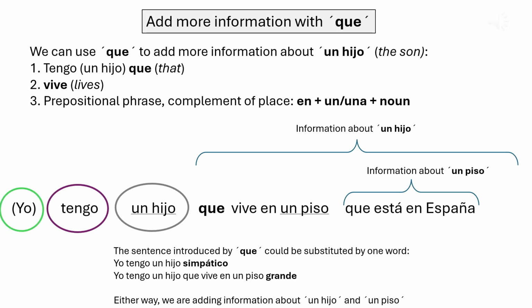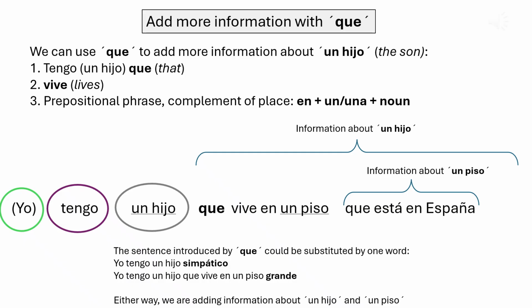And you can keep going. You can keep going using que to add more information about something you've said before, and you can keep adding sentences. So in this case, we've got two. Yo tengo un hijo que vive en un piso que está en España.